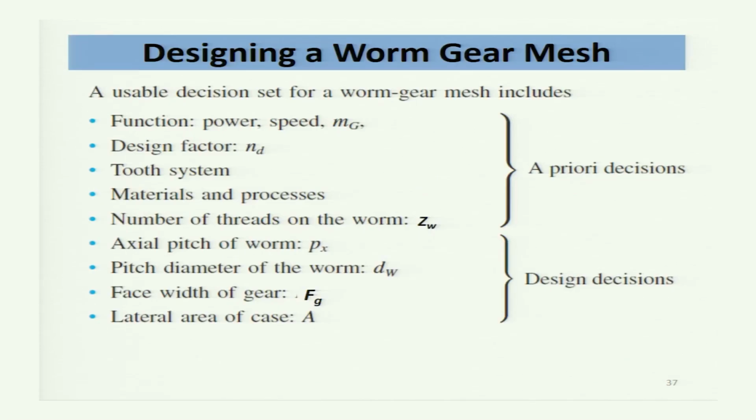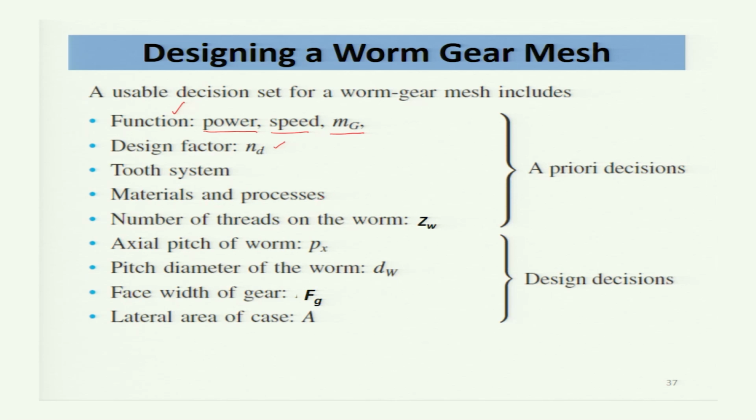Now, designing a worm gear mesh. A usable decision set for a worm gear mesh includes the function for which it is to be used, the power which you want to transmit, the speed and the velocity ratio. Then the design factor or the factor of safety, then the tooth system, what are the different values of addendum, dedendum, pressure angle or the lead angle and others.